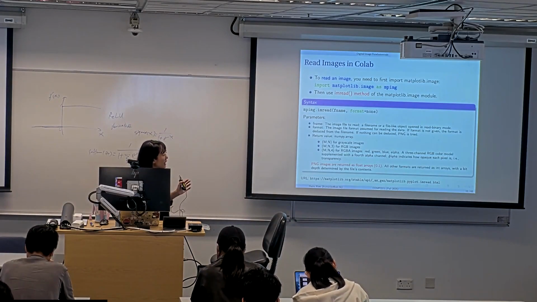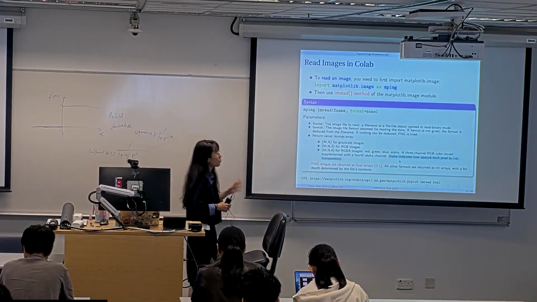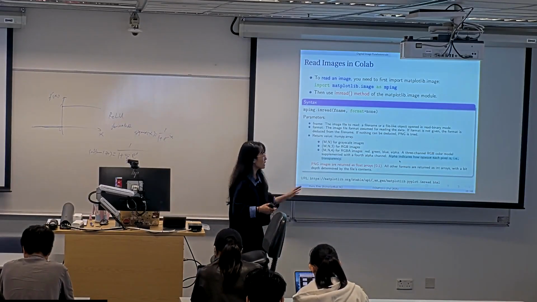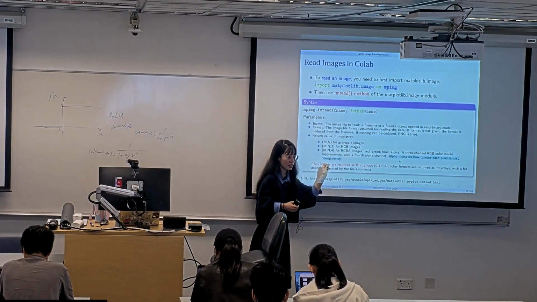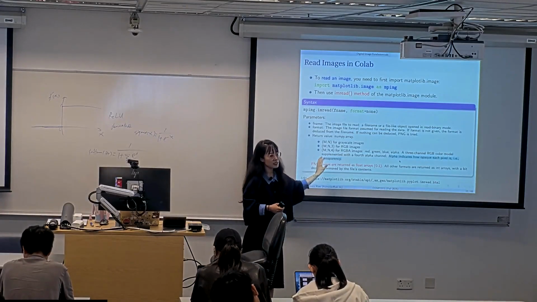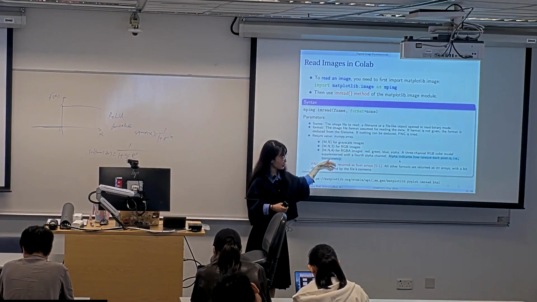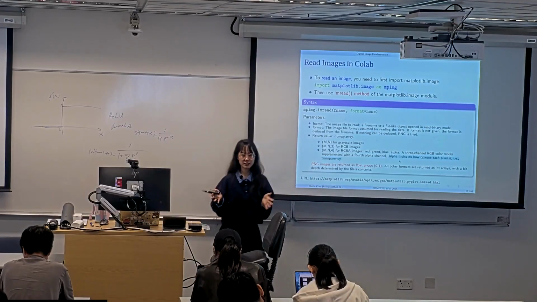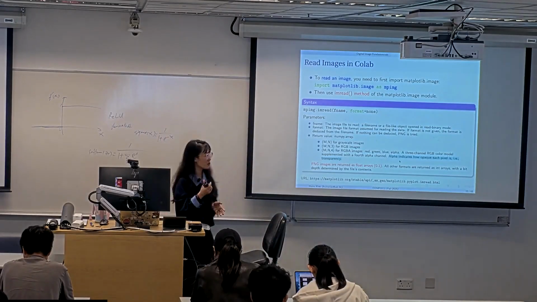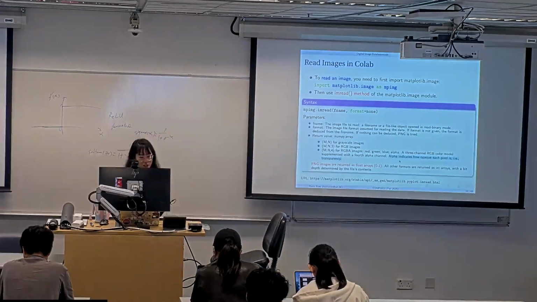Here this alpha indicates how opaque each pixel is. That means the last channel, alpha, represents the transparency information. As you know, different digital images sometimes also have such transparency information, different levels of transparency. So in this case, an RGBA image has the shape M, N, 4 because it has 4 channels.